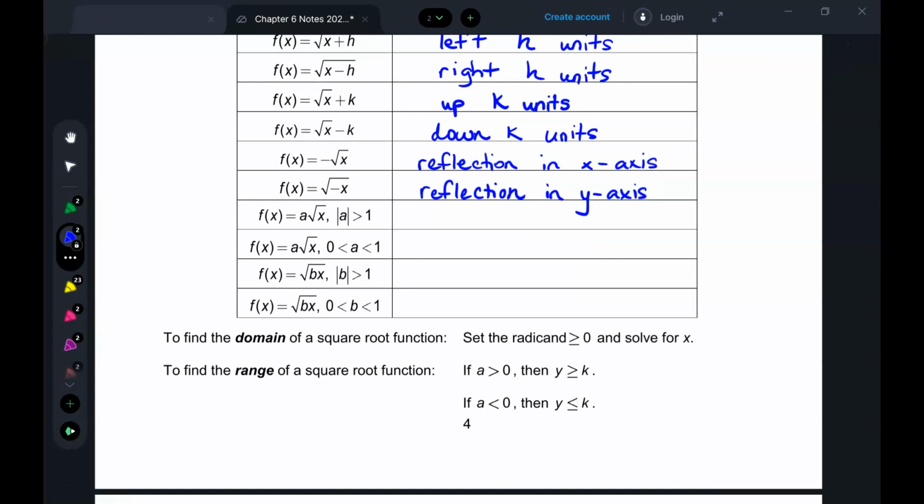Would that be an imaginary number? No. Just think about it: if it's a negative under the radical, all you can plug in are negative values of x. Do you know what I mean by that? If I had a table of values, and y is the square root of negative x, I could plug in 0 and I'd still get 0.